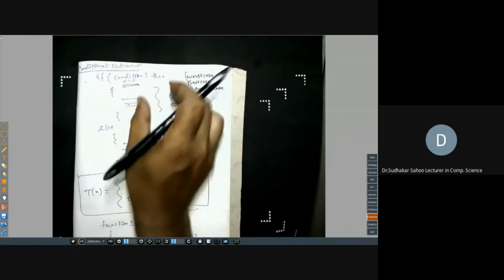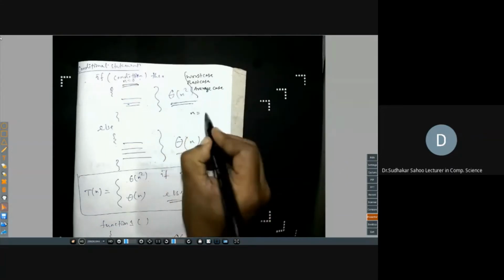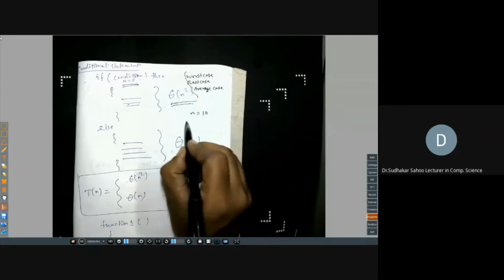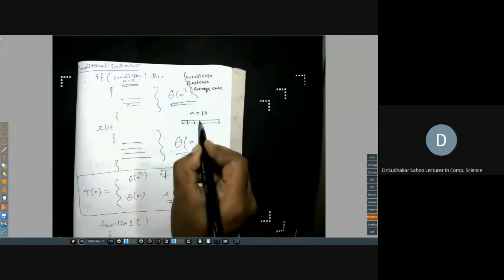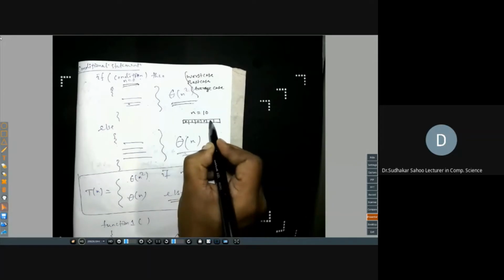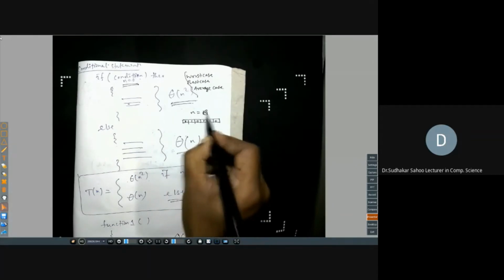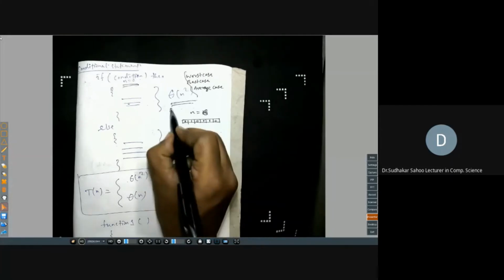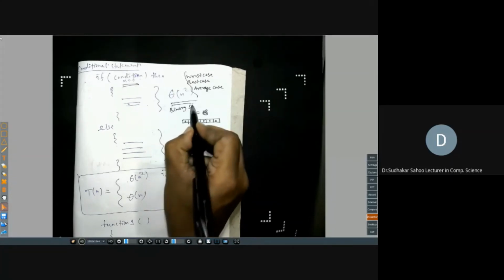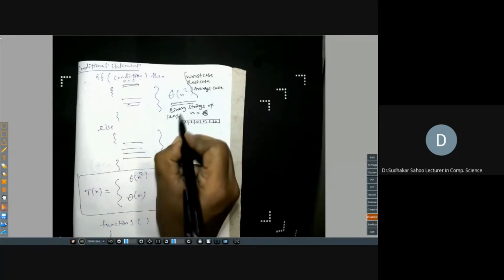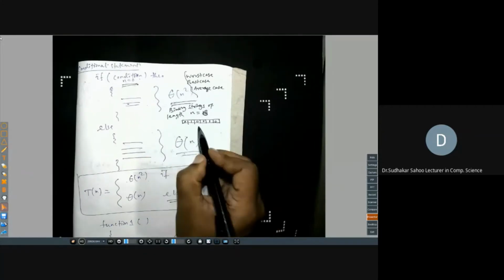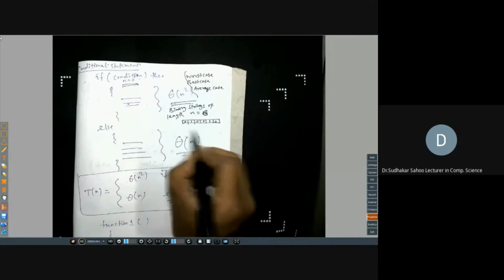Suppose n equal to 10, and you are interested in a binary string of length 10, like 0, 1, 0, 0, 1, 0. Suppose, 1, 2, 3, 4, 5, 6, a binary string of length 6. How many binary strings of length 6 are possible?